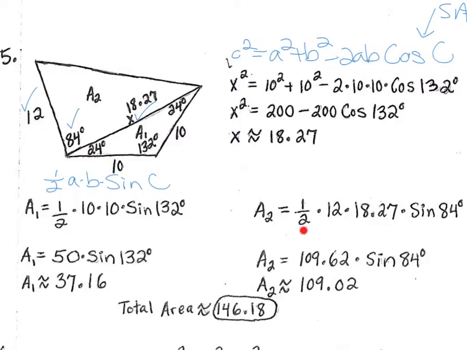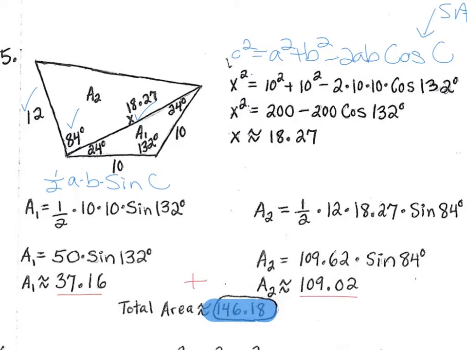Plugging in all of those components, we get 109.02, and so all we're going to do is add up A1 and A2 together, and that gives us our final answer of 146.18 in total units squared for the area of the quadrilateral.